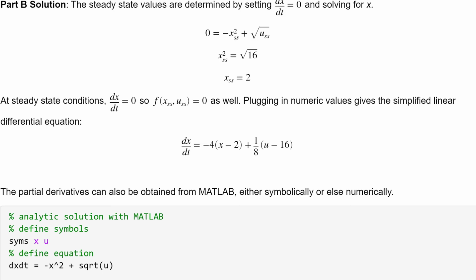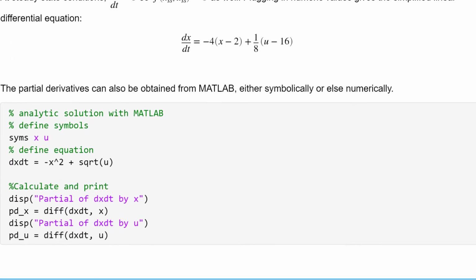There are some interesting things we can do with MATLAB to simplify this process and make it programmatic. Here in this code block, we declare x and u as symbolic variables, and we define our equation dx dt as equal to negative x squared plus the square root of u. Here we're able to use the diff function to output the derivative on the right hand side.